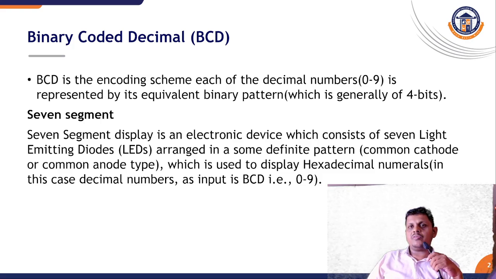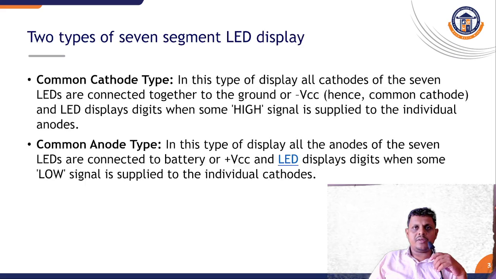So we are performing the numeral operations 0, 1, 2 up to 9 on the LED, using the 7 segment display unit, which can be classified as common cathode or common anode type, using the BCD decoder method.